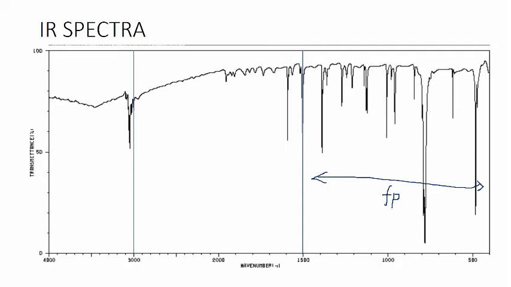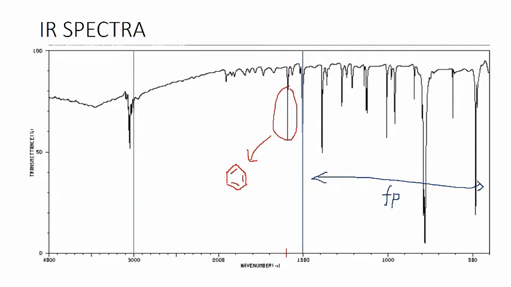If we start at 1500 and move to the left, the first thing we encounter is a very sharp signal, like a needle, and the wave number of this signal is around 1600. If we look at the table of wave number, this wave number belongs to a benzene ring.